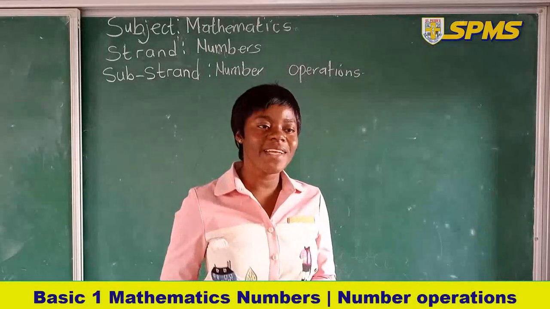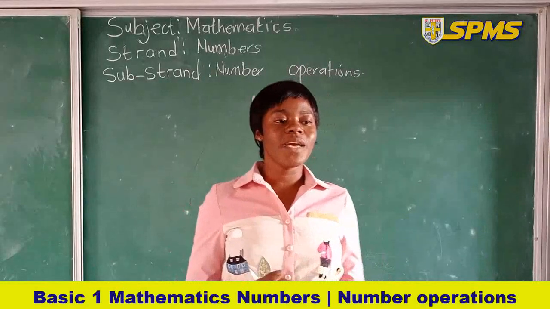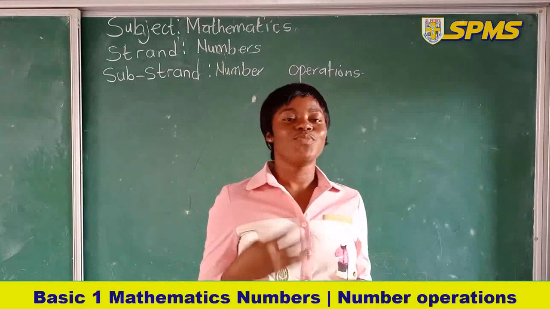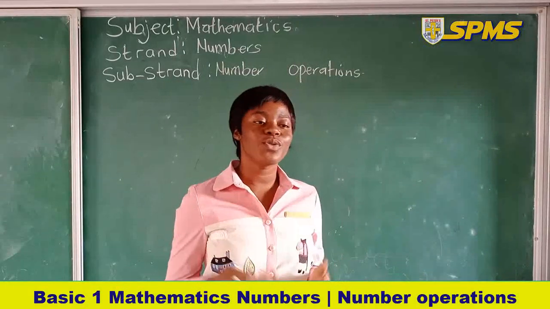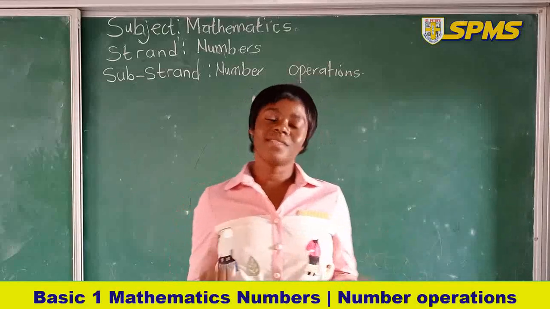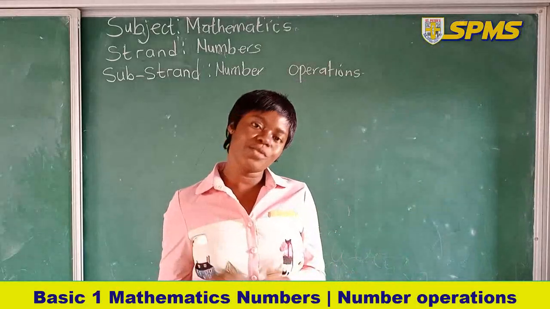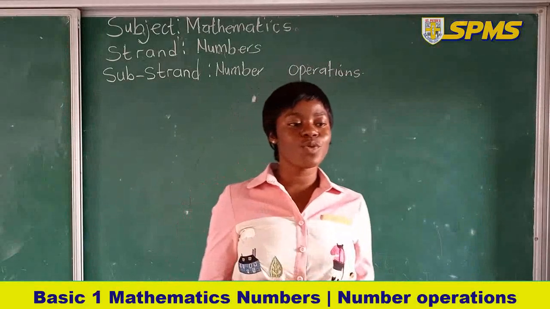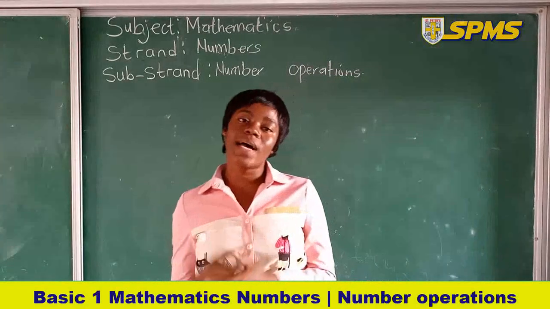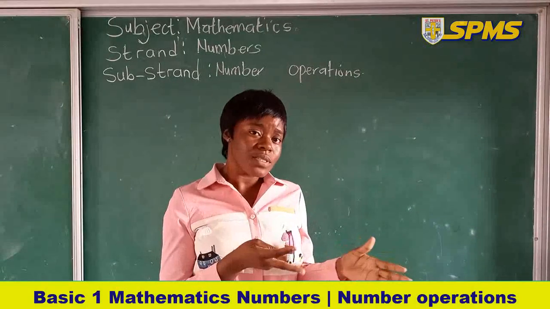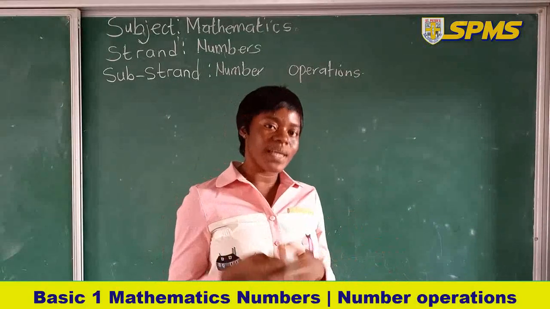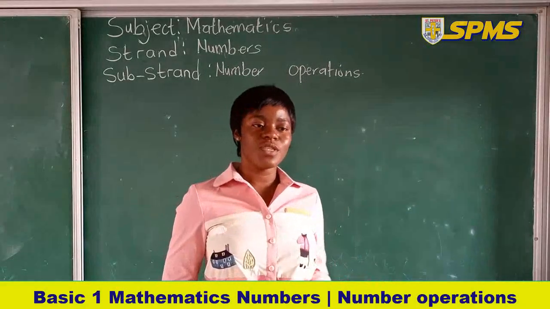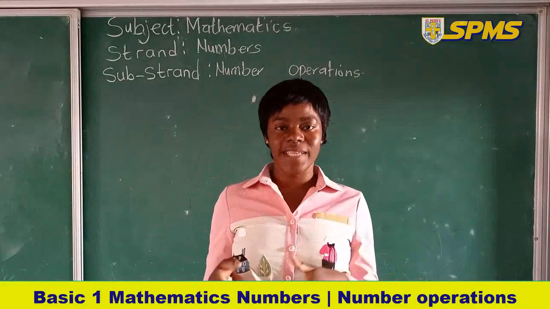By the end of the lesson, you should be able to add numbers together and tell the sum or the total. You should be able to relate counting to addition, and also change the position order of addends.